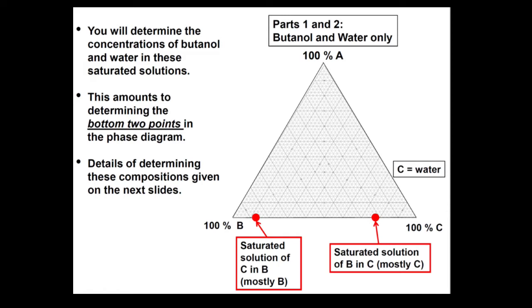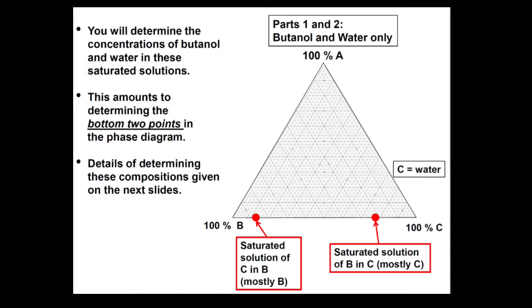Okay, so the point on the left represents a saturated solution of water in butanol. It is mostly butanol, and you can see that it's on the butanol-rich side, the 100% B side. So if you get your results and find that one of those layers has a much greater percentage of butanol than water, you know that point belongs over on the B end of the curve.